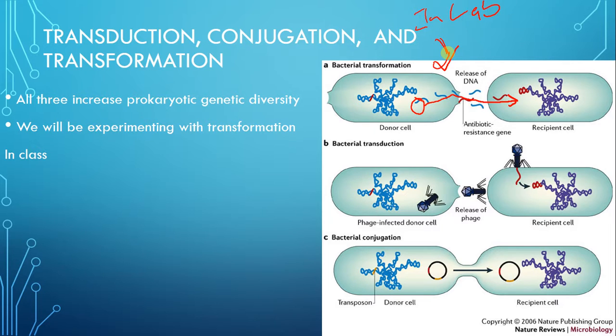Another way genetic material can be exchanged between bacteria is called bacterial transduction. There are special viruses that mainly or only infect bacteria, called bacteriophages.